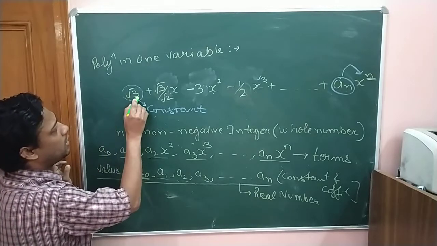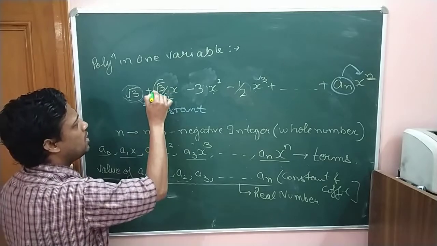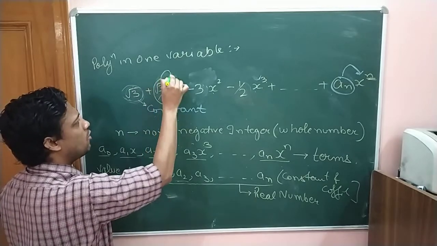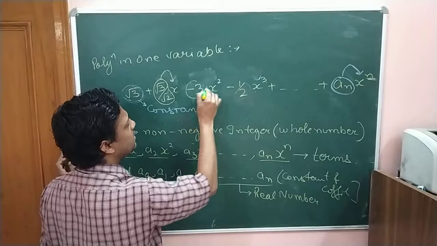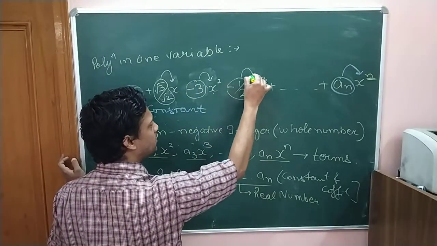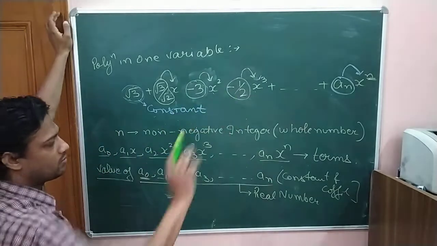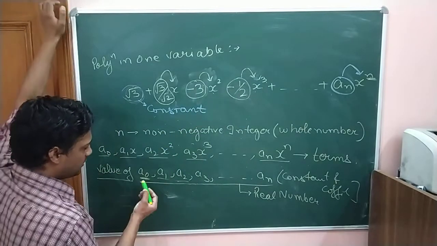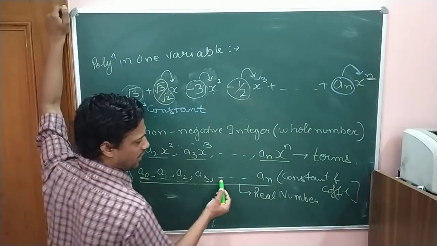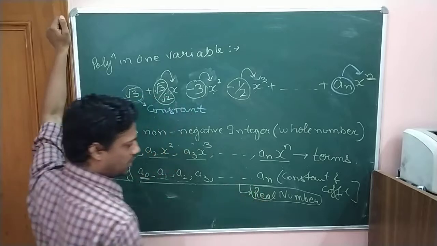Now root 3 doesn't have a variable, so root 3 is a constant. Root 3 upon root 2 is the coefficient of x. Minus 3 is the coefficient of x square. Minus 1 upon 2 is the coefficient of x3, and so on. Here it means the constant and the coefficient values should be real numbers, any real number.